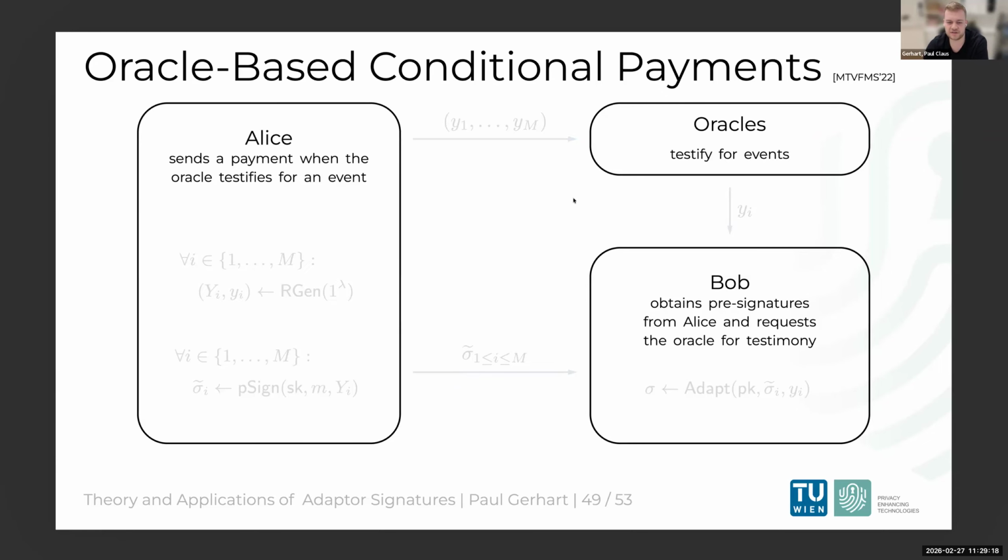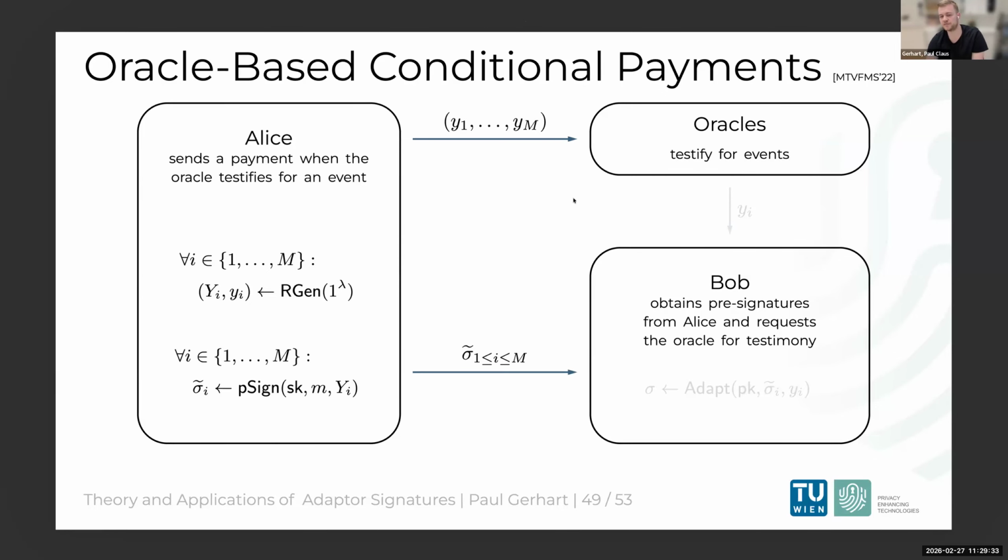The protocol is built as follows: at first, Alice creates a bunch of statement-witness pairs, sends the witnesses to the oracles, and then Alice pre-signs a whole bunch of messages on the different statements and sends the pre-signatures to Bob. Now, when the oracle wants to testify for an event, it simply sends Y_i to Bob, and Bob can use the pre-signature it knows and Y_i to be paid. That makes sense, right? Mm-hmm.